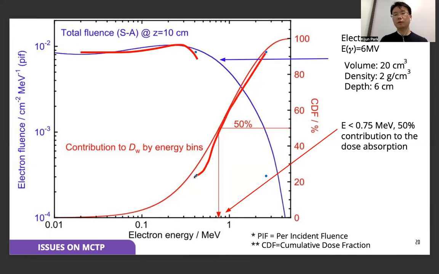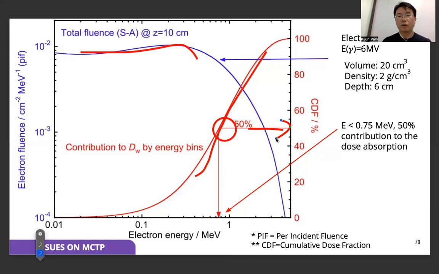This cumulative dose fraction at about 7.75 MeV gives only 50% of the dose absorption.